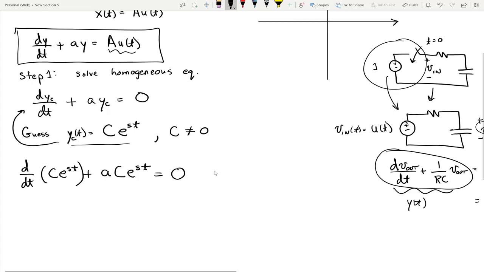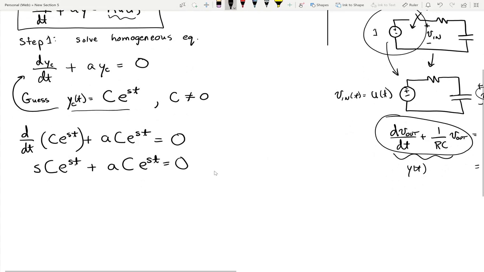I take the derivative, and I get s c e to the st plus a c e to the st equal to 0. Now I can factor out terms: c times e to the st, times s plus a, all equal to 0.